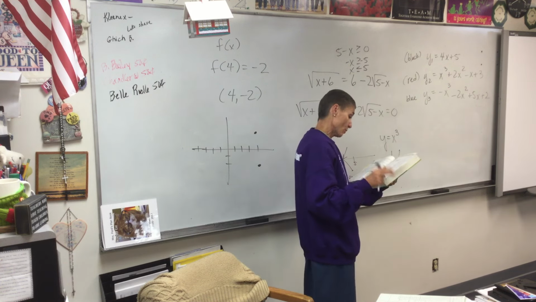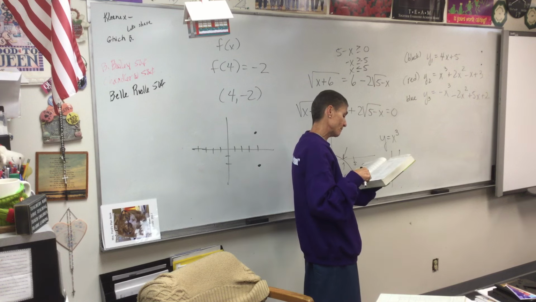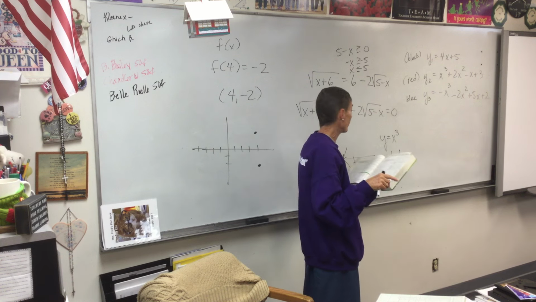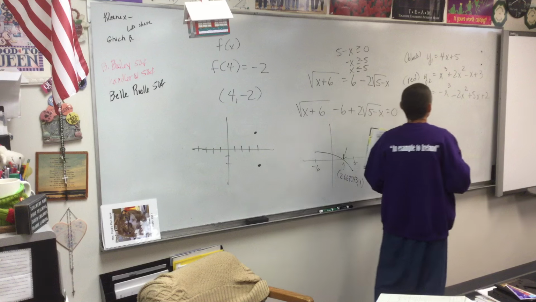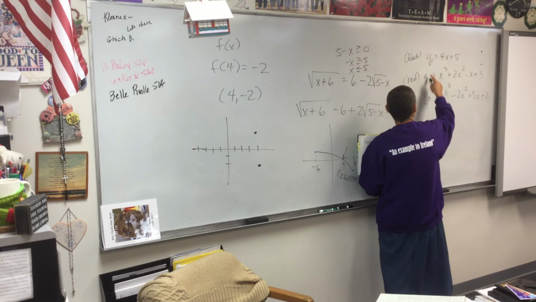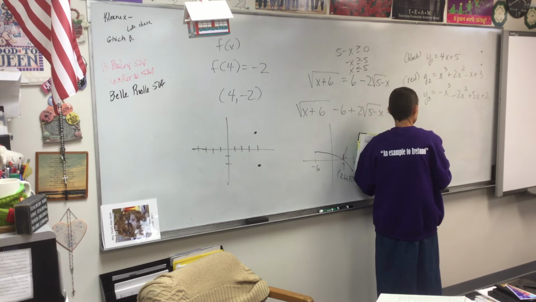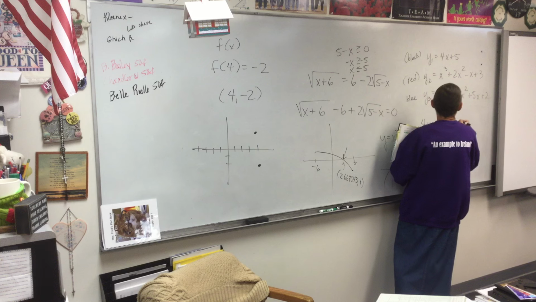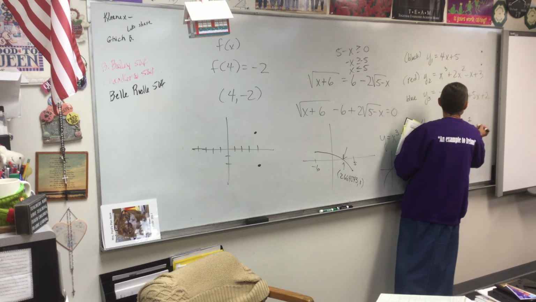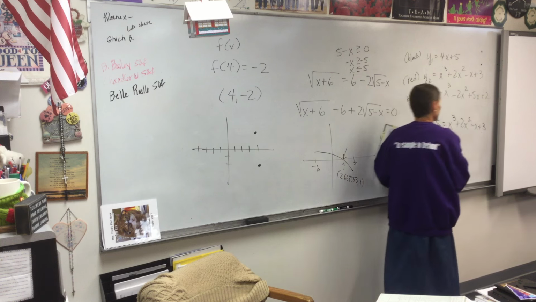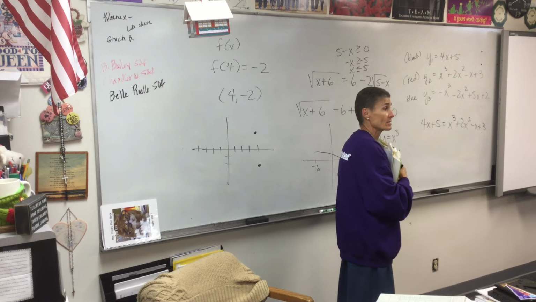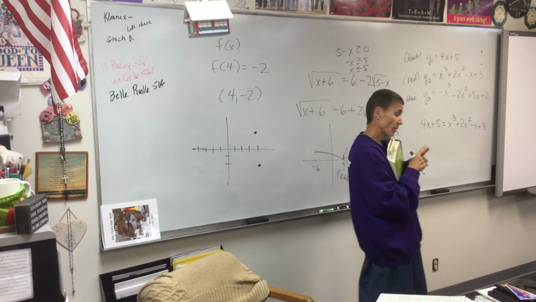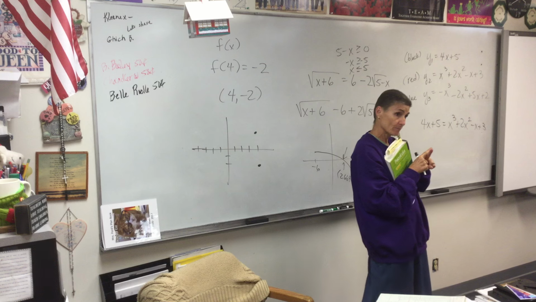Okay, so the problem says, write an equation that can be solved to find the points of intersection of y1 and y2. Well, if you want y1 and y2 to intersect each other, you want them to be equal. So we'll just set them equal to each other. Where they intersect is where they have the same value.